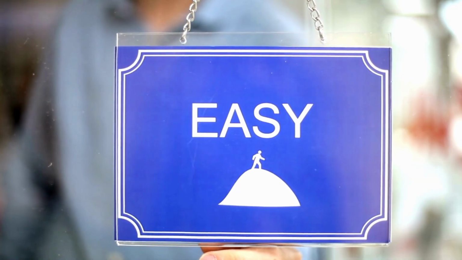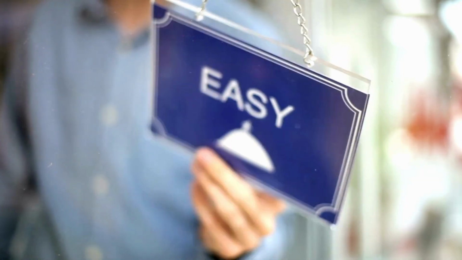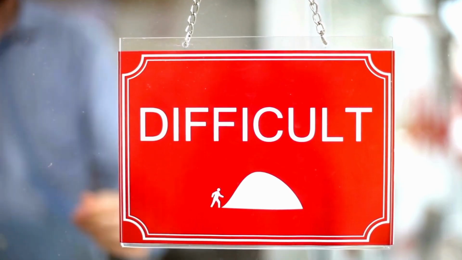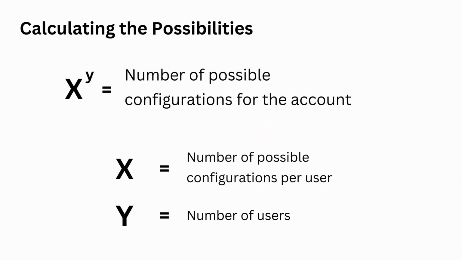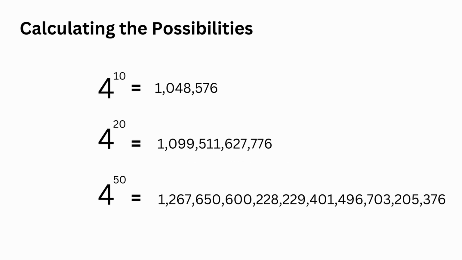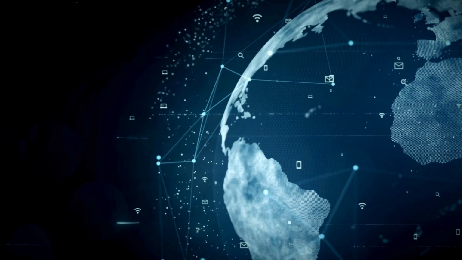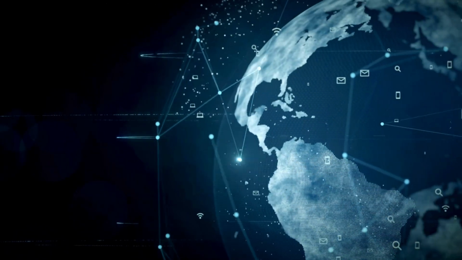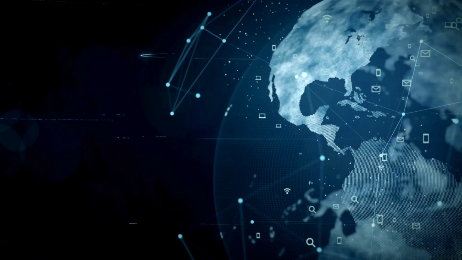Our example so far is straightforward, and global optimization can be done manually. Consider what happens when we increase the number of users to 10, 20, and 50. The number of possible combinations quickly becomes unmanageable. And it's not just data. There are other types of usage, like voice and messaging.